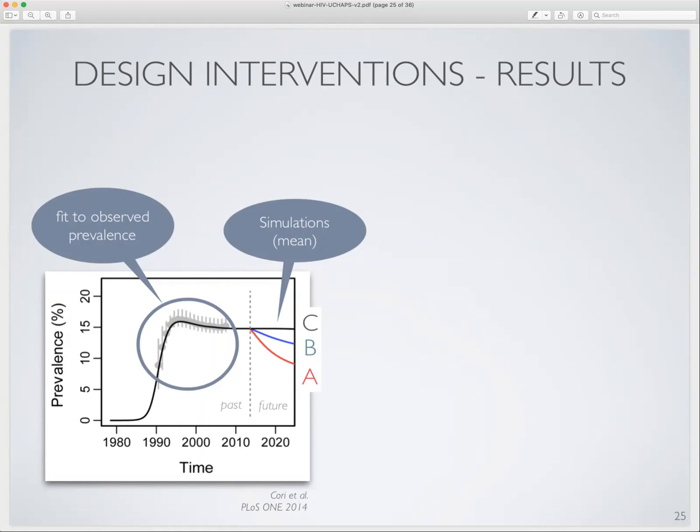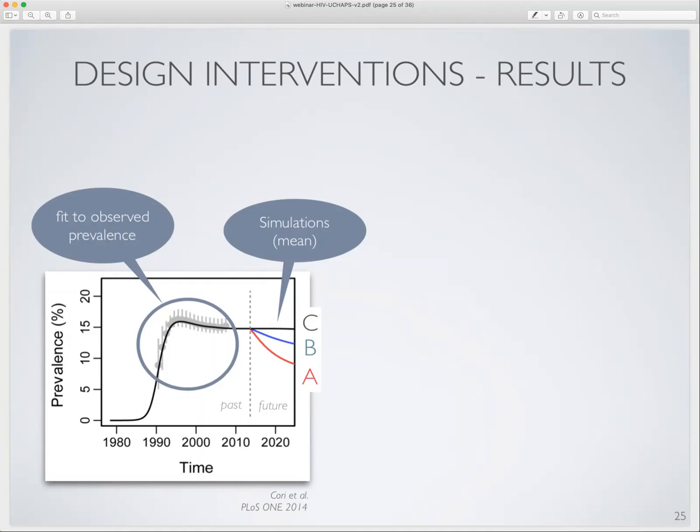Okay, so that's the left-hand side of this figure. Then you have the vertical dashed line that represents the present time. And the three curves beyond that, the black, blue, and red, represent the simulated prevalence for each arm.